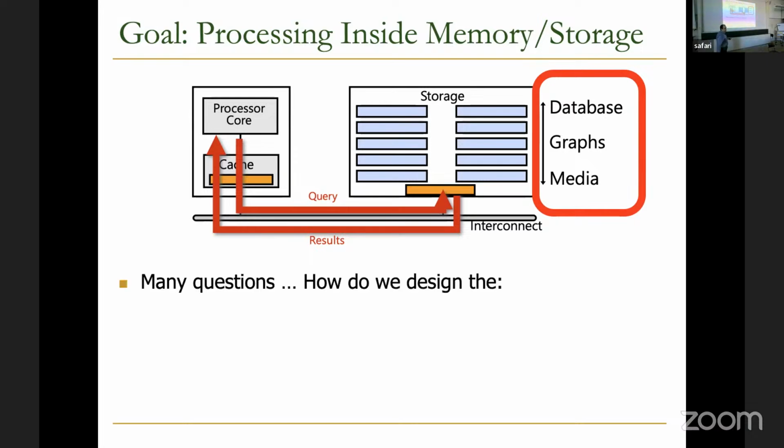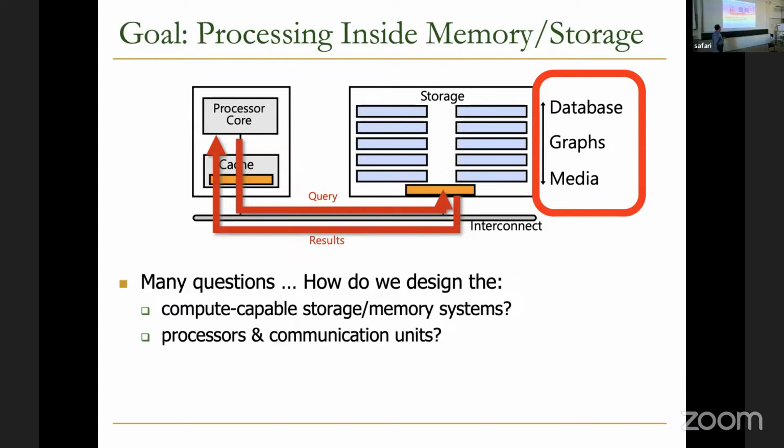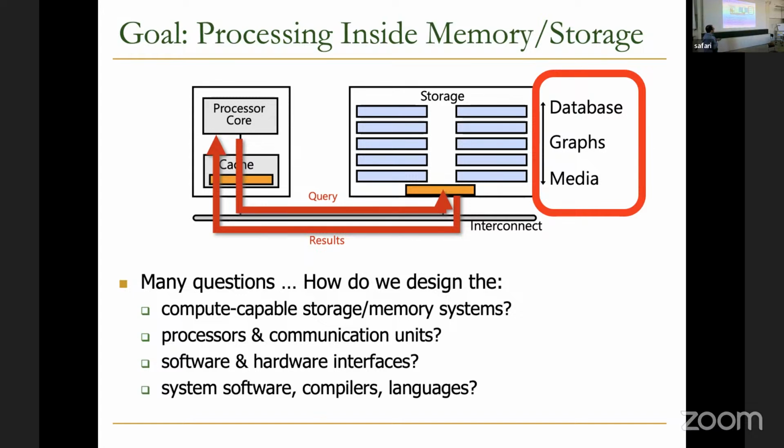But there are many questions here, like how do we design compute-capable storage and memory systems? How can we do computation inside storage or memory? How do we design the processors and communication units? How do we design the software and hardware interfaces, system software, compilers, languages, as well as algorithms and theoretical foundations?